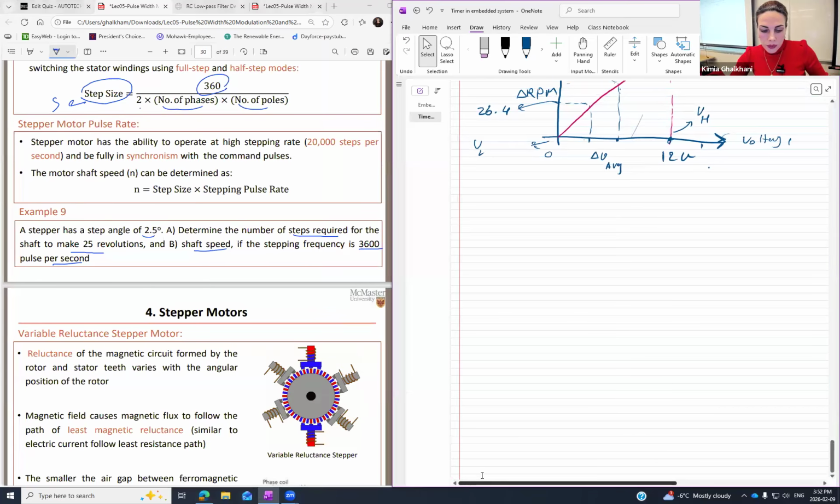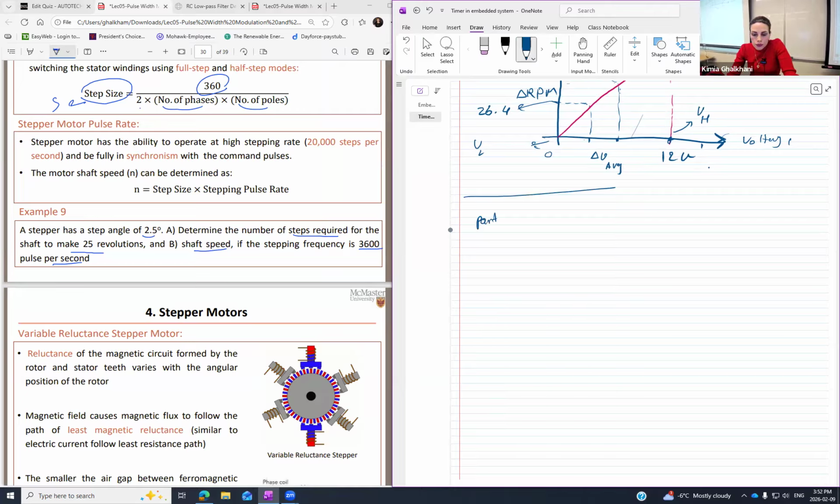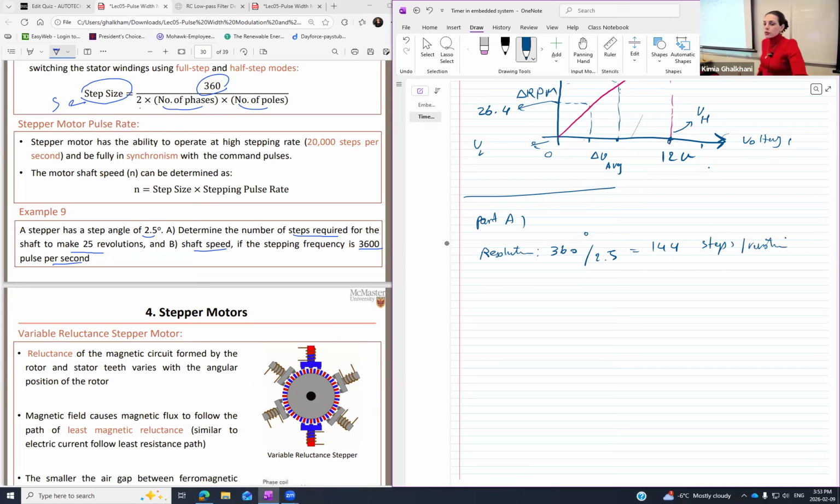let's just calculate this one. For part A, it's asking me for 25 revolutions. So I'm going to say the revolution is going to be, what was the size? It was 360 divided by 2.5, which means I have 144 steps per revolution, right? So resolution, revolution, do not confuse them.